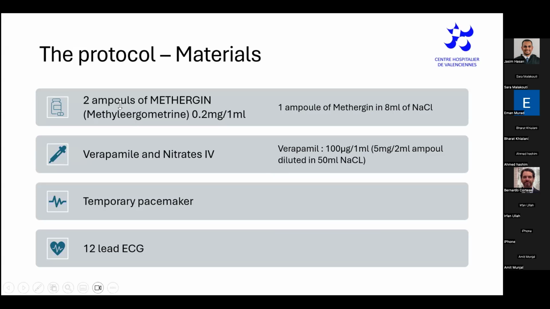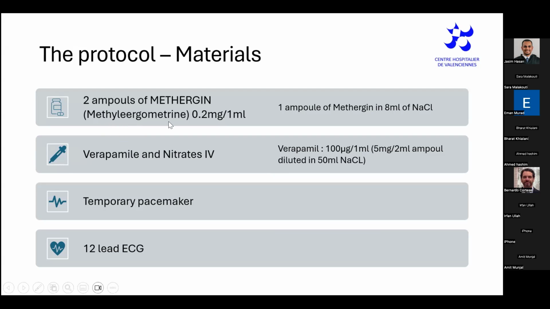But in our hospital, that's our protocol. If you go back to the different studies and trials, you will see different protocols, different doses of acetylcholine or other medication used to provoke this exam. For us in France, acetylcholine is not available, so we had to go with Metargin, which is methylergometrine.